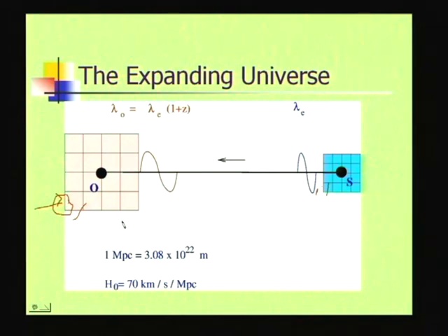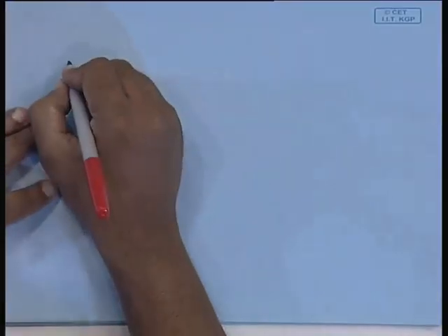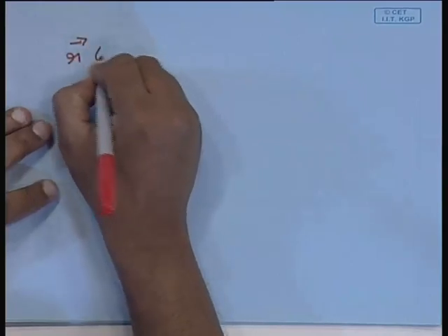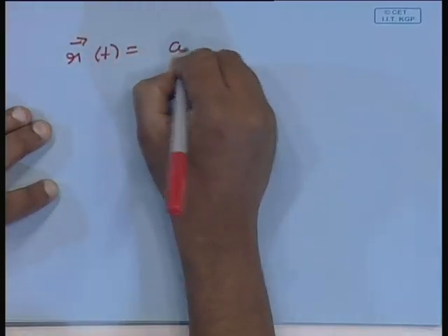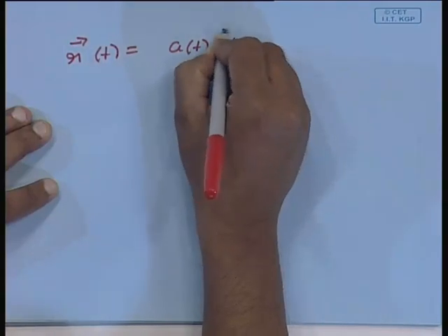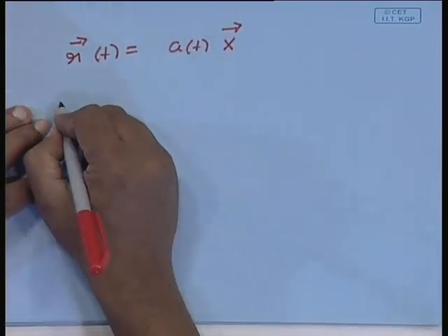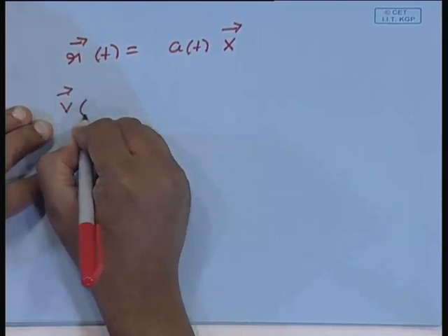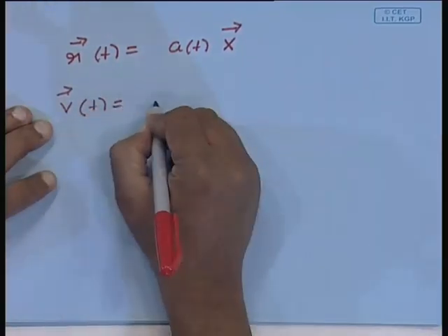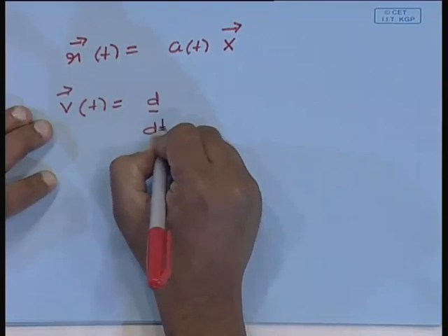Now, let us ask the question: an observer is sitting at the origin over here, what is the speed with which a galaxy at a fixed comoving coordinate moves away? This can be calculated by calculating the time derivative of a. The position of the galaxy is given by R as a function of time, that is the scale factor times x, and its speed v can be calculated by differentiating R with respect to time.